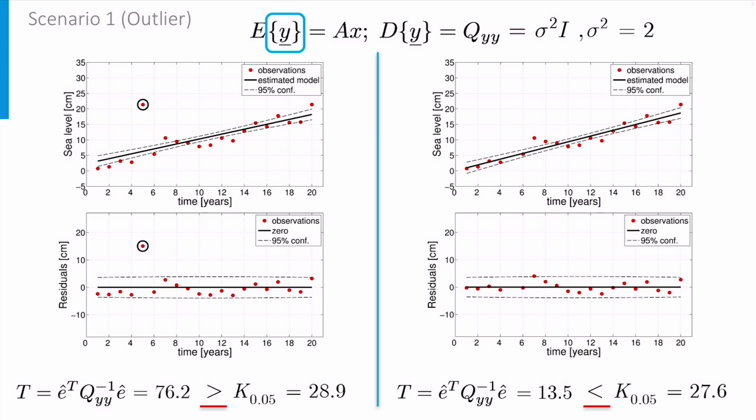Now, the test statistic is smaller than the threshold and the test is accepted. So, by removing the detected outlier, we in fact adapt the mathematical model, and now we can conclude that for the second case, the mathematical model can overall sufficiently describe the observations.